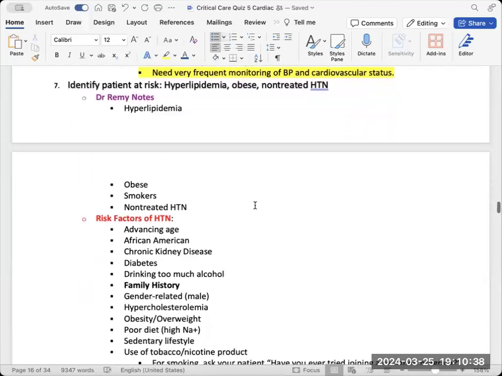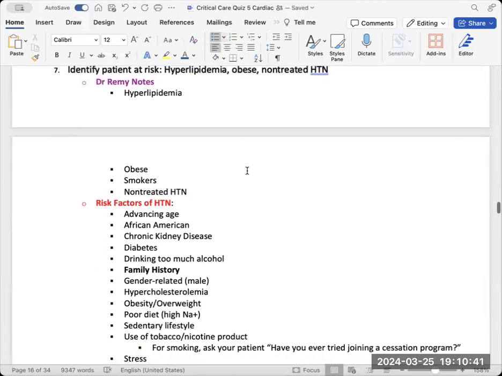The next question is to identify a patient at risk. It says here that if they have hyperlipidemia, if they're obese, untreated hypertension, smokers.